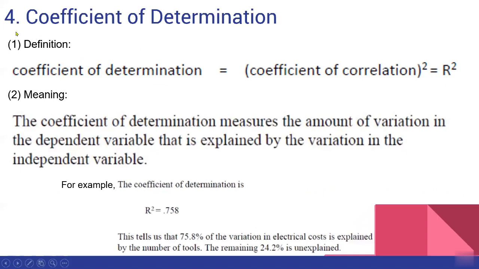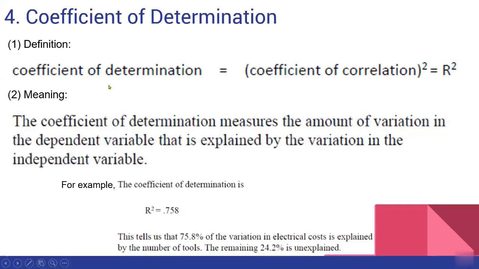But before that, let's have a look at the last measurement, which is called coefficient of determination. By definition, coefficient of determination is defined as the squared coefficient of correlation, which is denoted as R squared. R is coefficient of correlation.